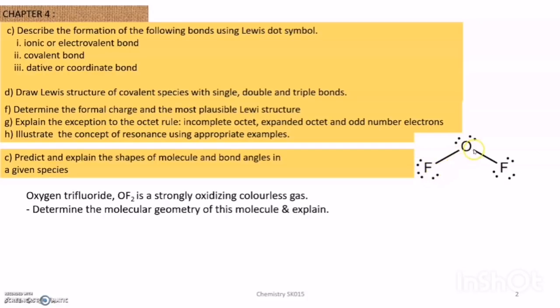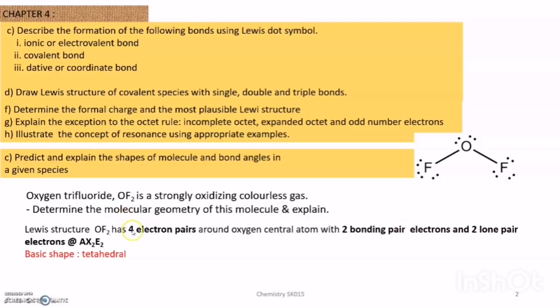We have a structure OF2, which has 2 lone pairs with 2 bonding pairs. Alright, so 1, 2, 3, 4. We have AB4, which is AB2E2. Okay, so we have 4 electron pairs. We have 2 bonding pair electrons with 2 lone pairs. So AX2E2 or AB2E2. Basic shape tetrahedral.